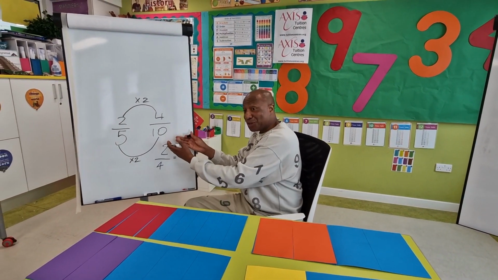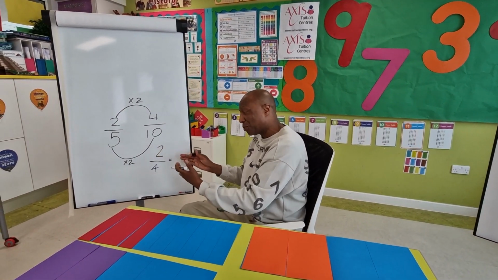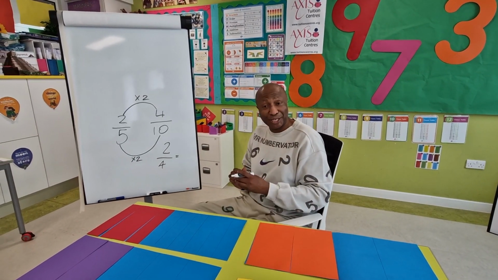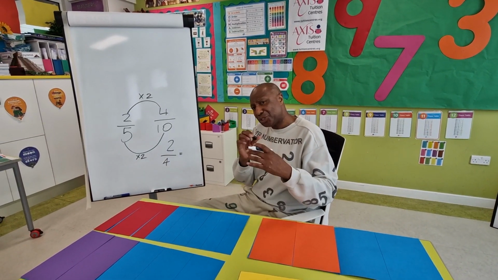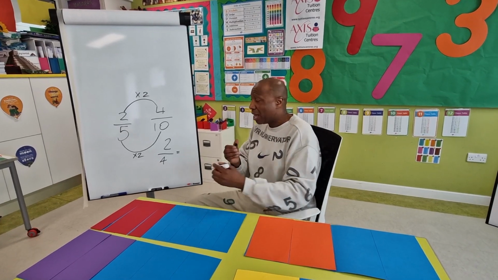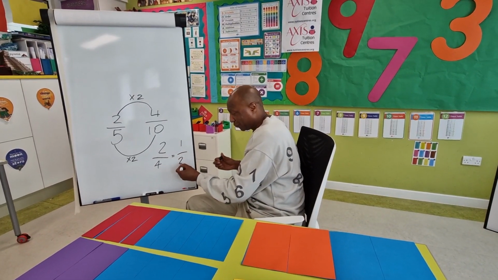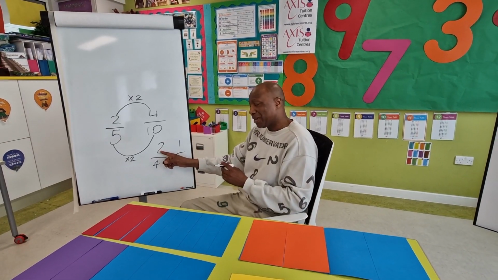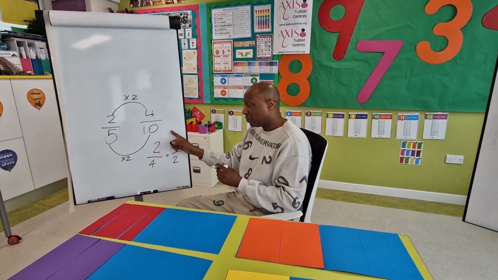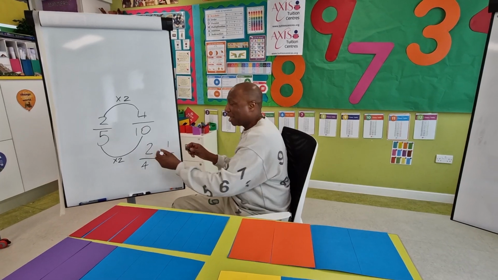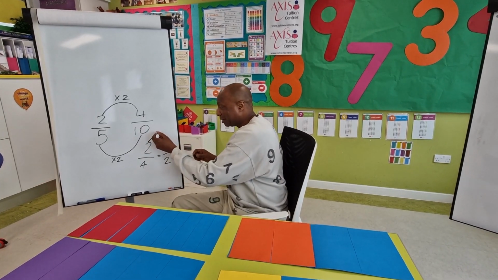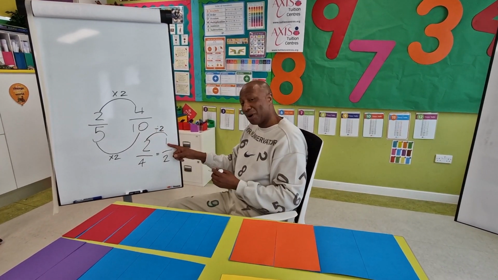Whatever we do to the numerator, we must do exactly the same thing to the denominator. And I mentioned the fraction 1/2, and I am going to write that fraction 1/2. How do we get from 2 to 1? 2 divided by 2 is 1.